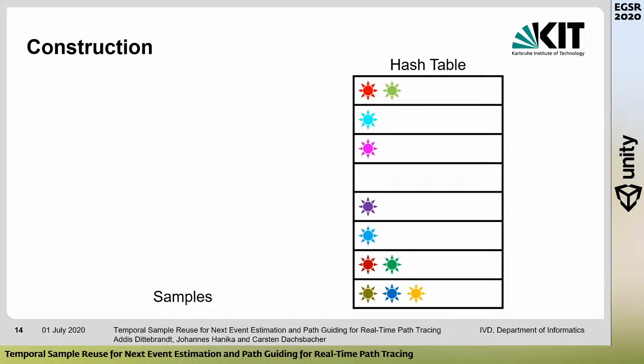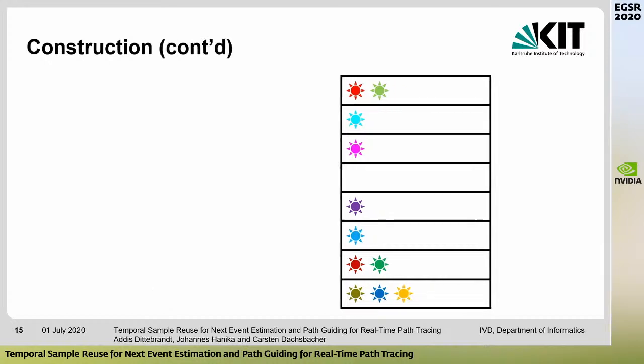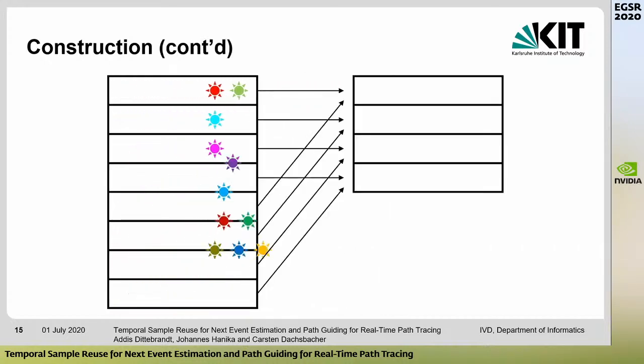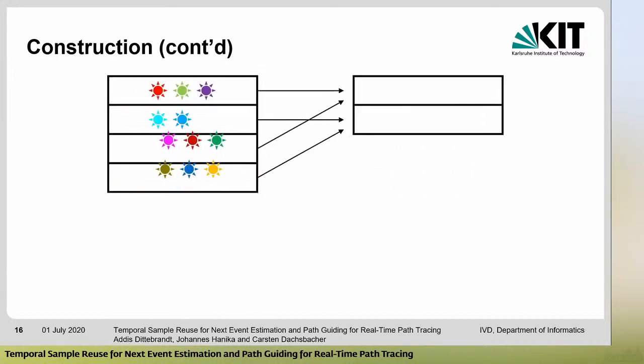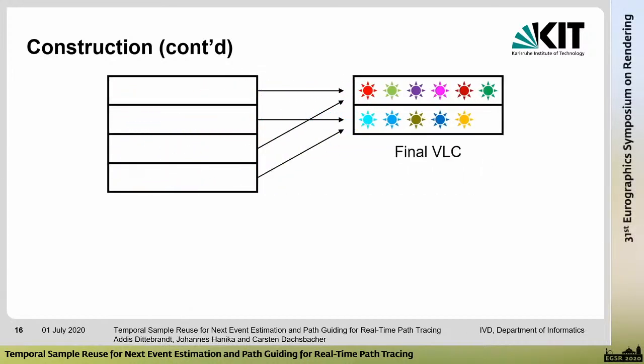The only problem is that the number of buckets is super conservative. So the resulting sampling quality will be very noisy if we use it as is. So what we now do is we merge it in a bottom-up fashion while the capacity constraints are still upheld. And eventually we'll have our final ULC that we can use for importance sampling.